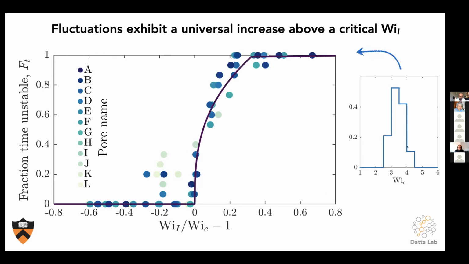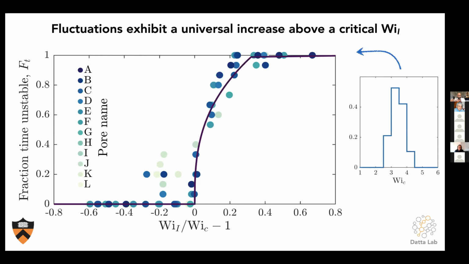Here's the distribution of the measured critical Weissenberg numbers. And so the different pores are different. They become unstable at different flow rates and different Weissenberg numbers. But when we rescale all the data by that critical value, all of these measurements collapse on top of themselves. What that means is, even though different pores become unstable at different flow conditions, they all show the same transition to this chaotic flow state, which is really interesting.